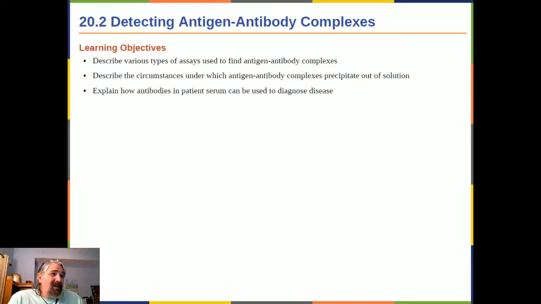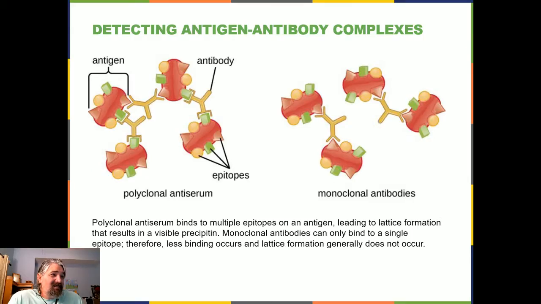This is another point I wanted to make anyway about monoclonal and polyclonal antibodies. Your polyclonal antisera, this is showing the same epitope here, so these antibodies are binding. But you have this one binding a different epitope on the same antigen as this one and this one.